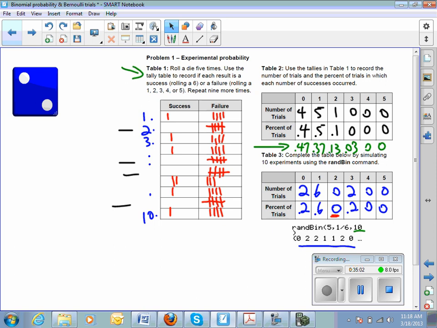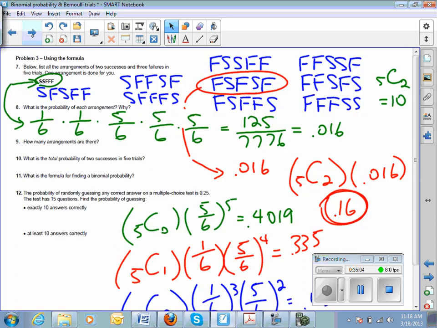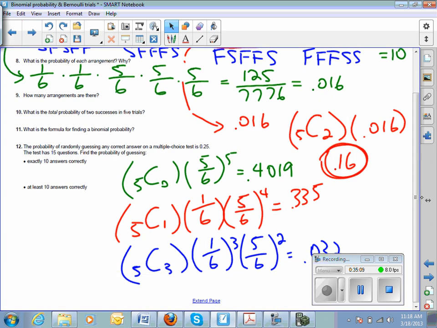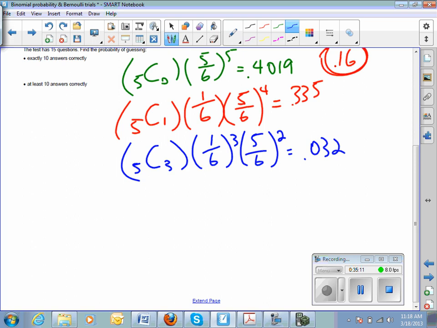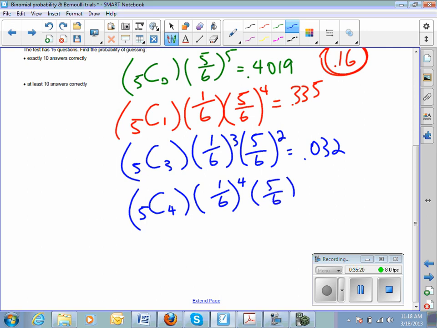And I'm guessing these two guys over here are going to be very close to zeros, but we'll see. So 5 choose 4, and then 1/6 to the 4th times 5/6 to the first, and 0.0032. Okay, so yes, it is quite close to 0.